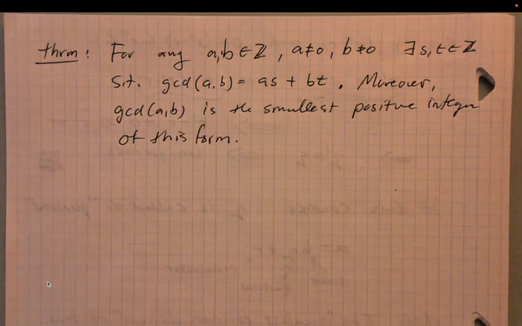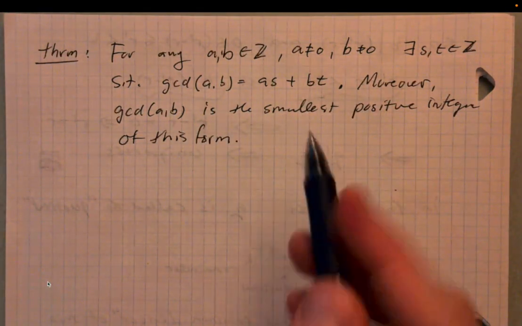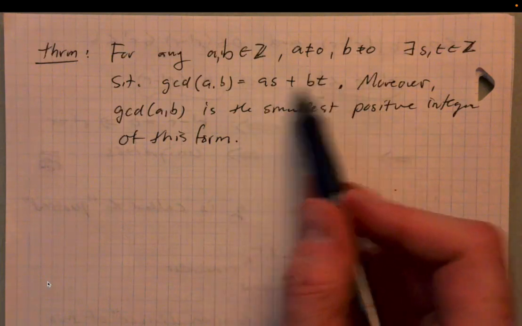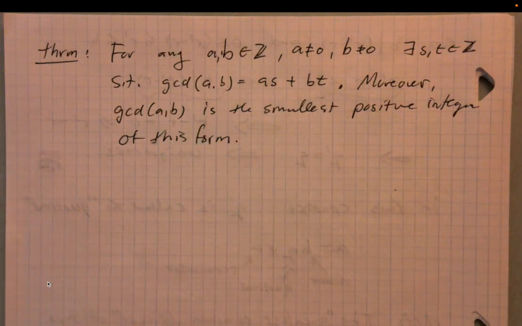Right, so if you were able to enumerate all of the integers of this form, the smallest one is going to be the greatest common divisor of a and b.